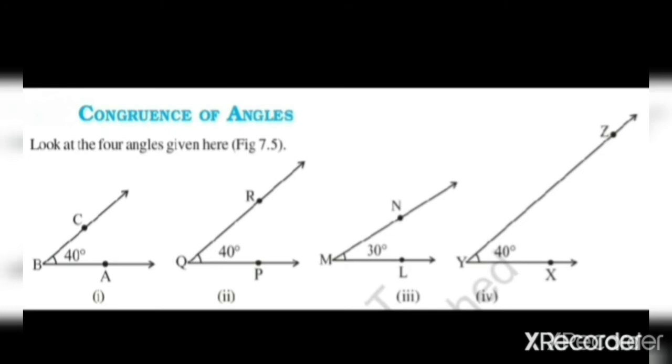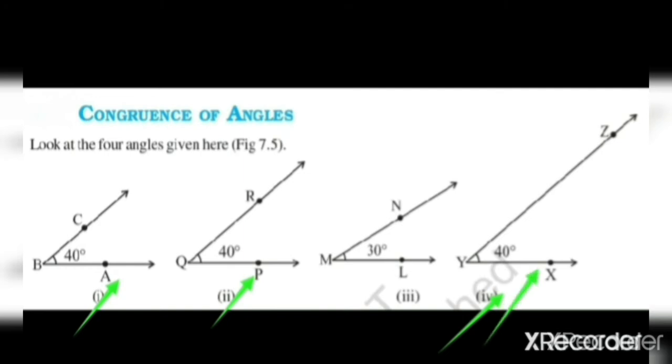You can see another angle which is congruent to angle ABC. Yes, angle XYZ. These three angles have the same measurement.